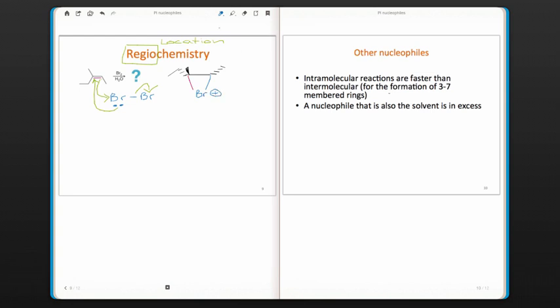The next step is to figure out where that second bromine is going to add, so where the nucleophile is going to come in. What experimental research has shown is that the bromide, or any nucleophile, preferentially comes in at the most substituted carbon of that bromonium. That is to say, it comes in this case, at the tertiary carbon rather than at the secondary carbon.